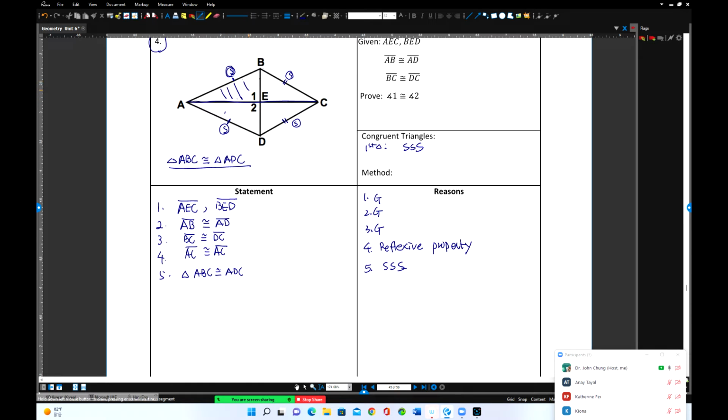To prove these two triangles, because angle 1 and angle 2 belong to these two triangles, you already have one side over here, AB. We still have AB there, and we need AE. We just used AC, but we have to say AE one more time. So AE is congruent to AE, and this is reflexive also.